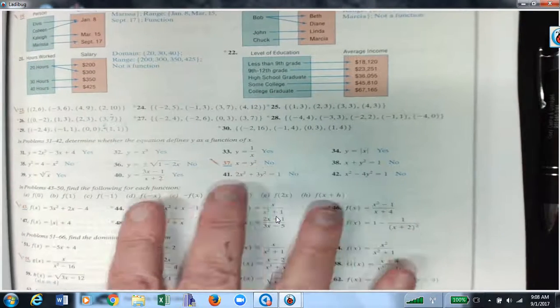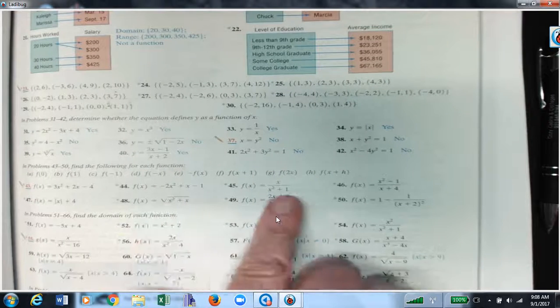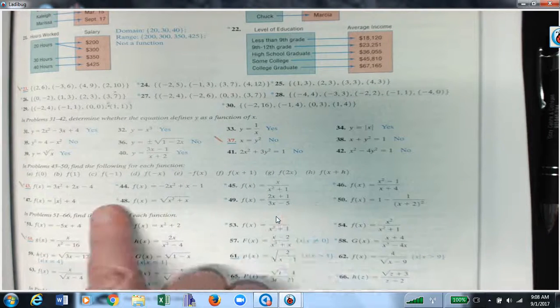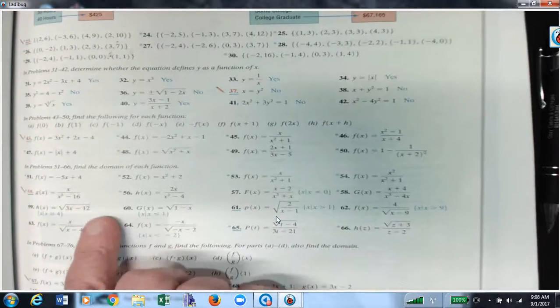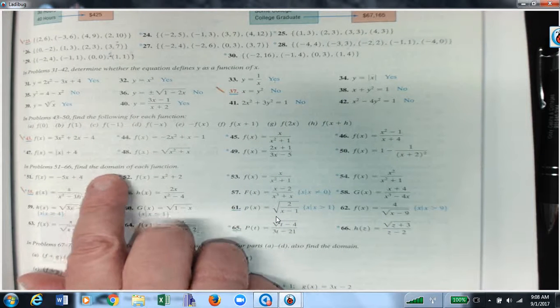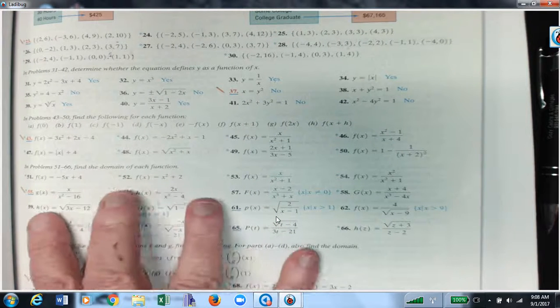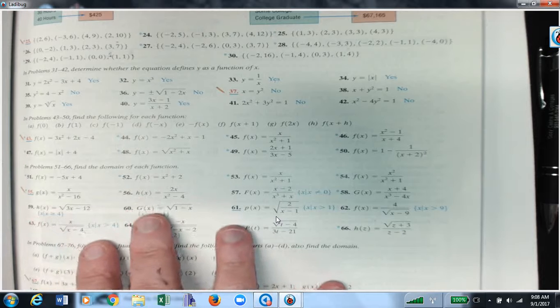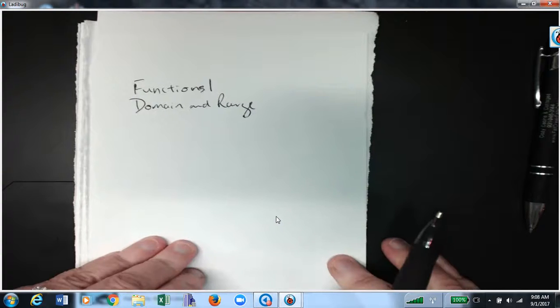Those kinds of exercises, and then evaluating functions on the next set of exercises. And then the following set of exercises says find the domain of each function. Now our functions are written as equations. That's what I'm going to do today: teach you how to find the domain of a function if it's written as an equation.